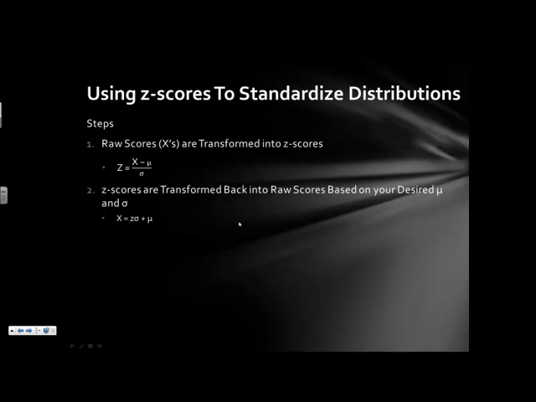Or maybe you have multiple versions of the same IQ test, and you want to standardize them to match the mean and the standard deviation for the most commonly used IQ test. Then you can standardize the scores on the other test to match the mean and standard deviation for the test that you're trying to match it up to. So, concrete example: no matter what version of the IQ test you take, there are different scoring metrics and different distributions.